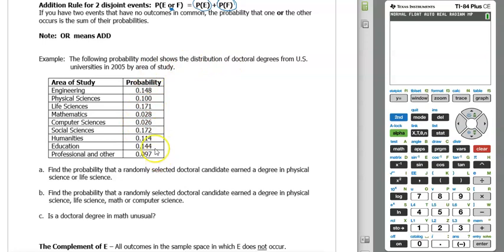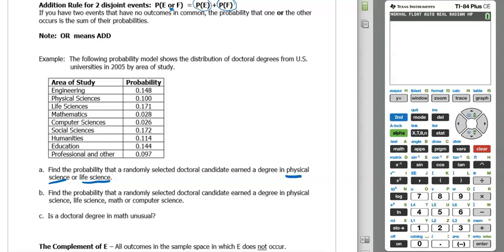So in this example, this is a probability model. We could check, of course, and make sure that this is an actual probability model, just being sure that they all add up to 1, for example. And we can tell right away that none of them are negative or greater than 1, so it looks viable to me. But these are the distribution of doctoral degrees. Now, we want to find the probability that a randomly selected doctoral candidate earned a degree in physical science or life science.